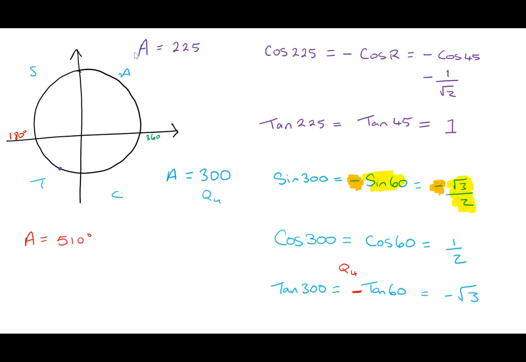Now 510 is equal to 1 full rotation plus an additional 150 degrees. So 1 full rotation is 360 plus another 150. Technically I go around the circle the whole time and then I end up over here, 150 degrees. And again, I'm looking at my reference angle.